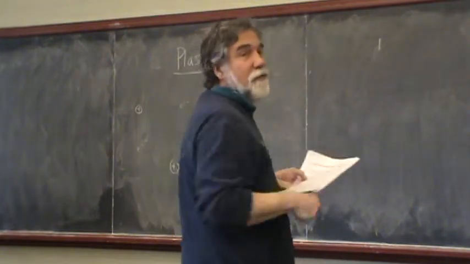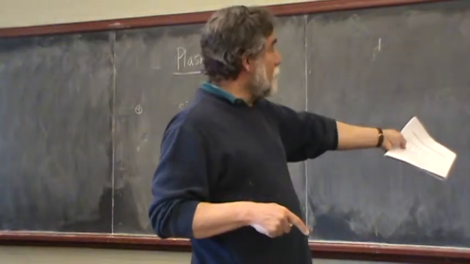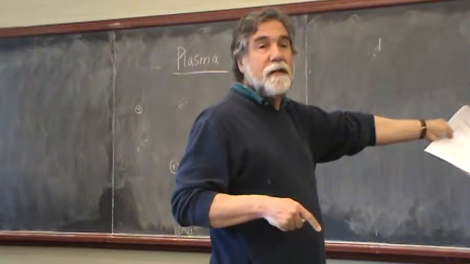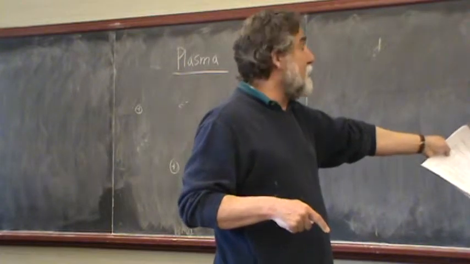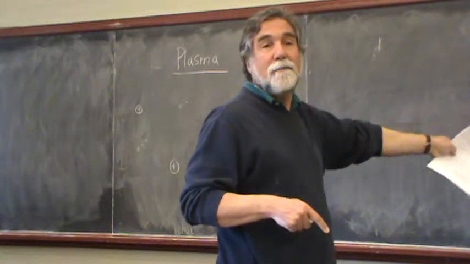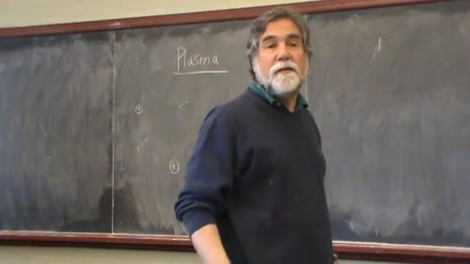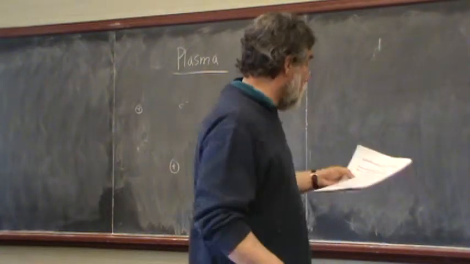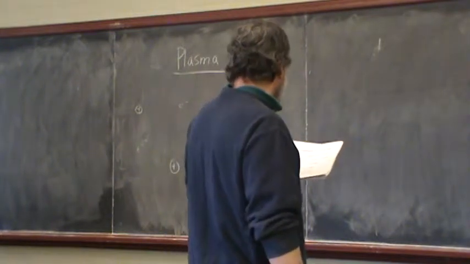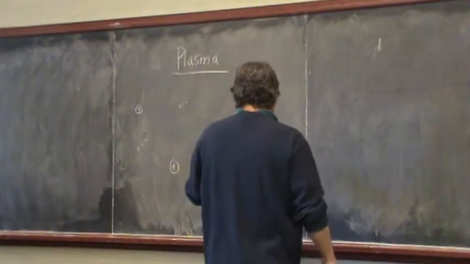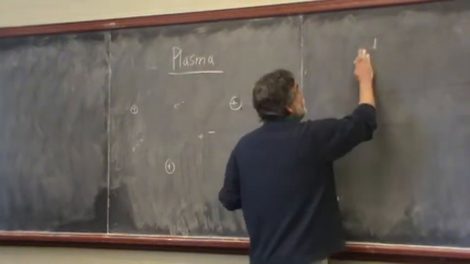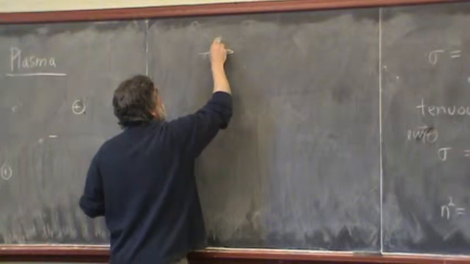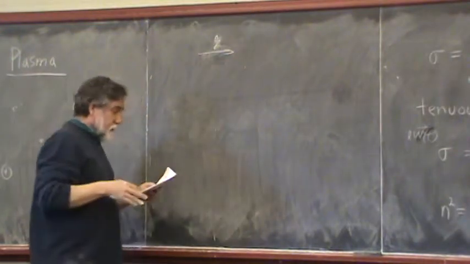I wrote n squared there, right? But when the frequency is below the plasma frequency, n is going to be imaginary. So let's say I've got a wave which is propagating in the z direction, right?